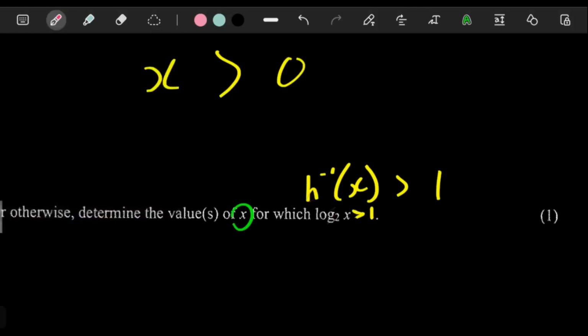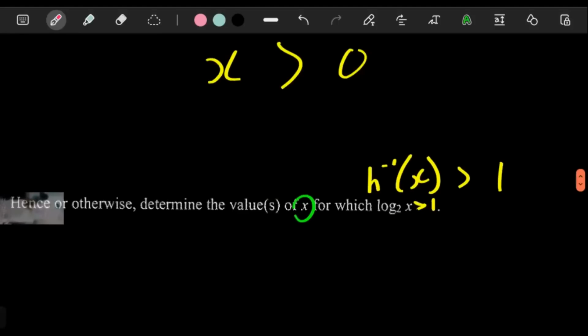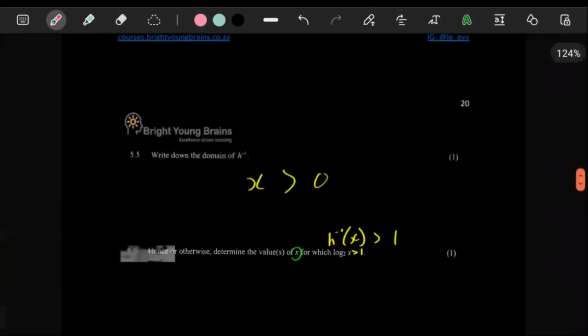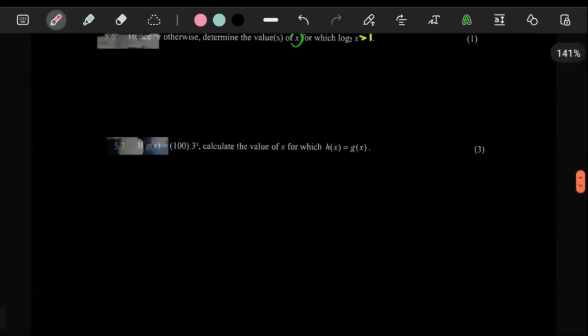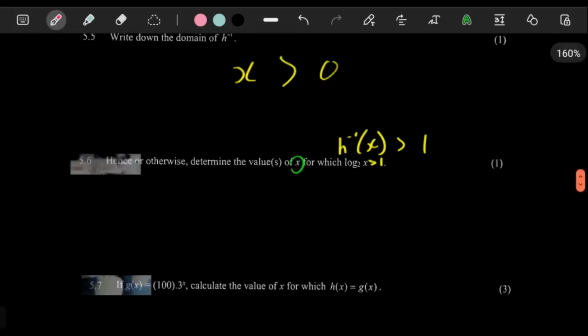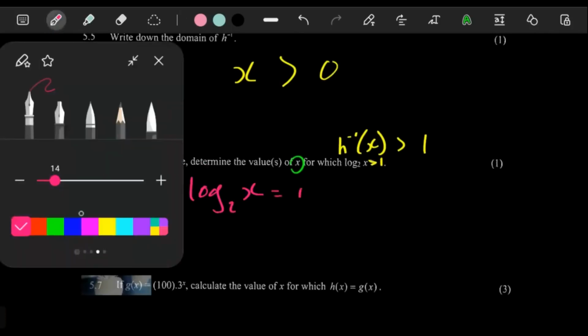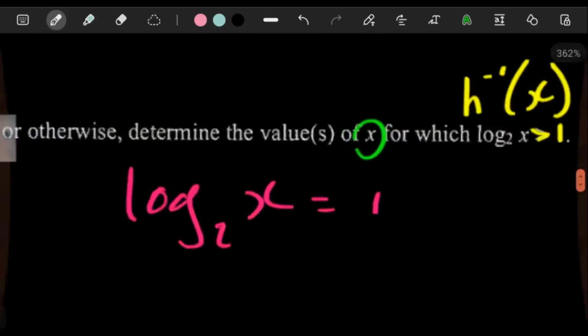So this is literally asking you where the y values are above 1, starting from a specific x value until a specific x value. So we said, first, let's just work out where this graph is equal to 1 in the first place. So log 2 of x, where is it equal to 1? Now, solving for x, remember, all we know is whatever this base is, right?